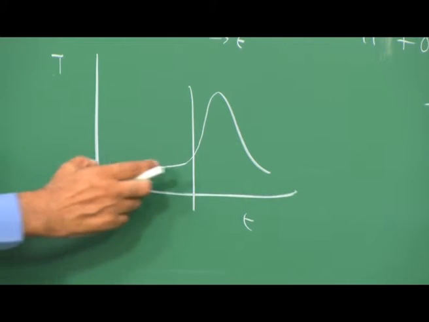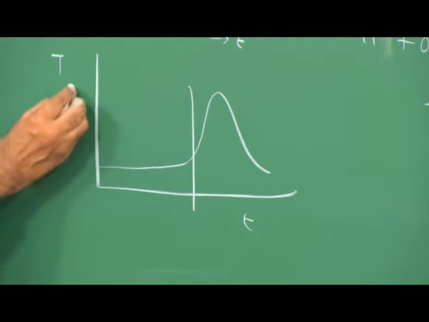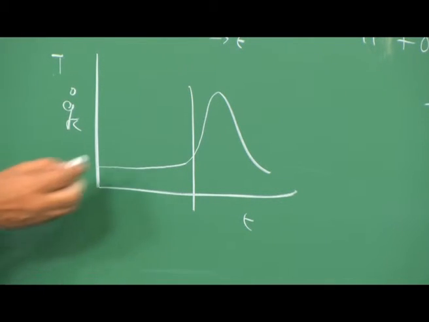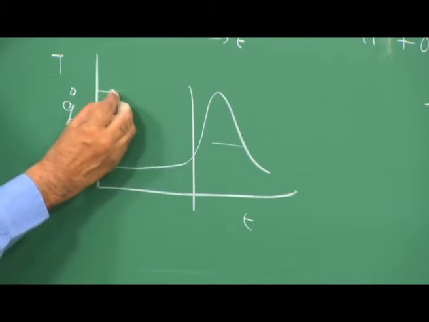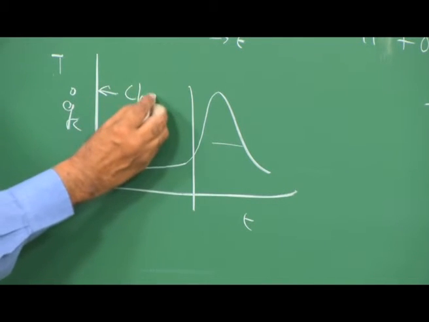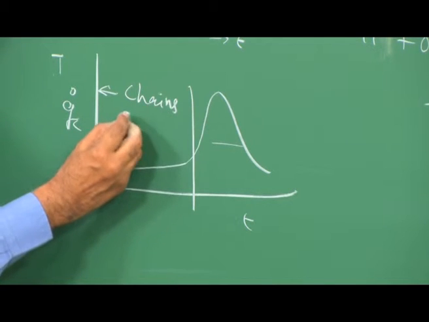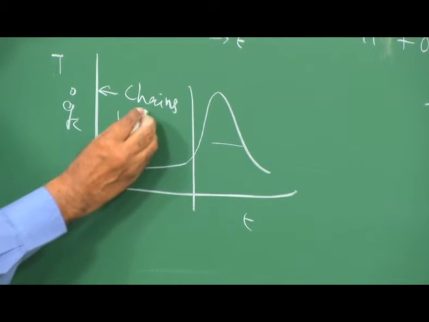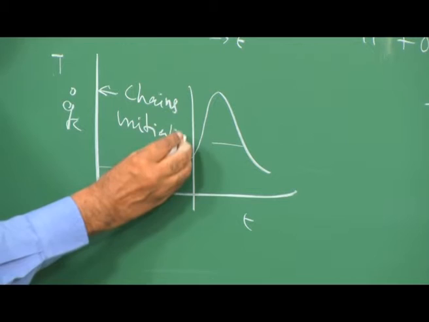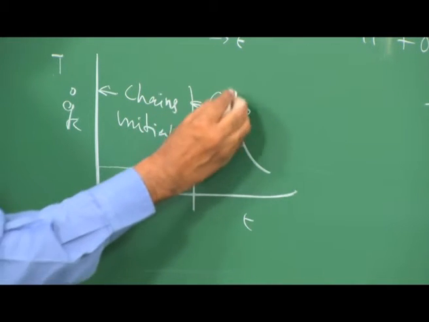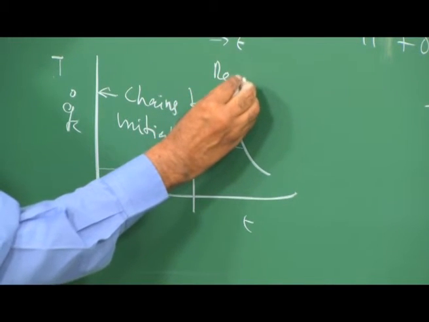In other words, initially there is hardly any chemical heat release, followed by a spurt. Therefore, in this period I have chains being initiated, followed by a period in which the chains recombine to give heat.